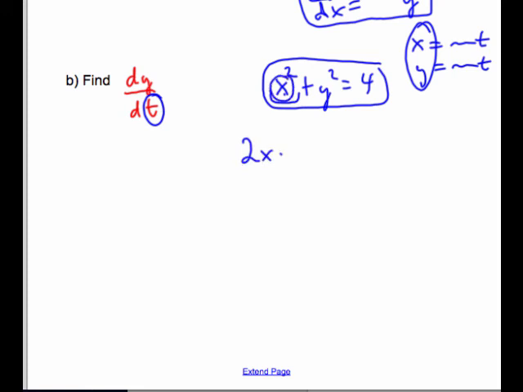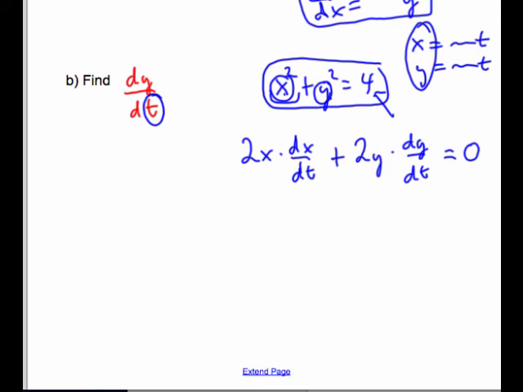Since I don't know how x and t are related, I simply write down dx/dt. I multiply them because that's the chain rule. Plus, again, y is related to t, so the derivative of y squared is 2y times the derivative of y with respect to t. Again, I don't know what that is explicitly, so I'll write down dy/dt, equals the derivative of a constant, which is 0.